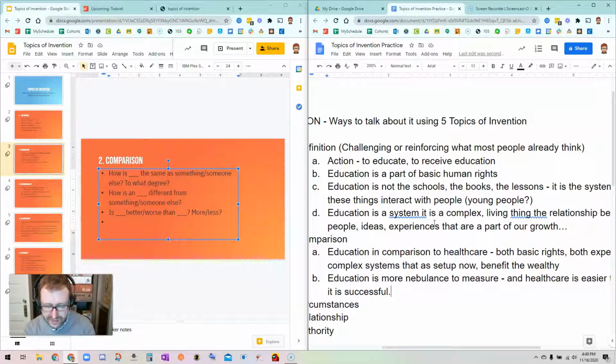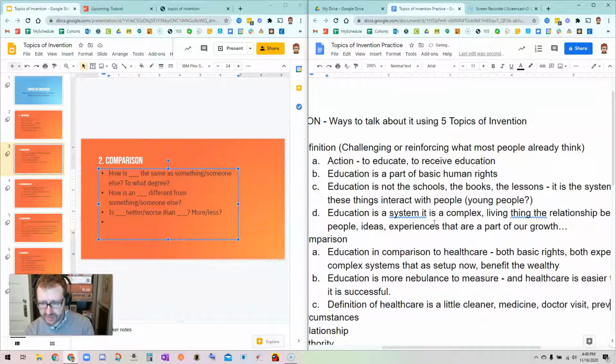I also think the definition of healthcare is a little cleaner. Not quite, but I said a little cleaner, so that's why I said it's somewhat different. As in, medicine, doctor visits, prevention. Whereas education, people don't always agree what it is.